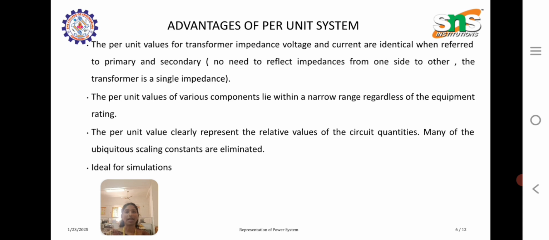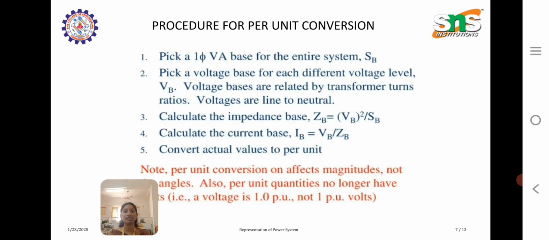Per unit values of various components lie within a narrow range regardless of the equipment rating. The per unit values clearly represent the relative values of the circuit quantities, and many of the scaling constants are eliminated. That's why we go for the per unit system.